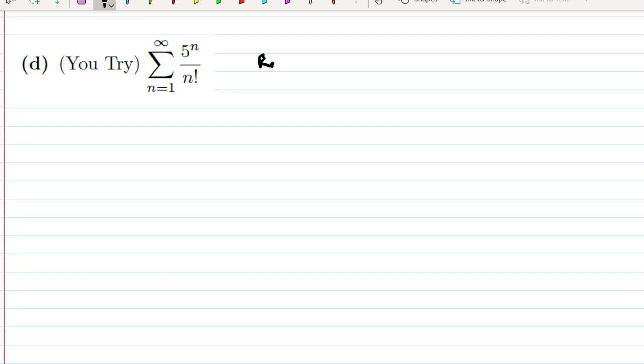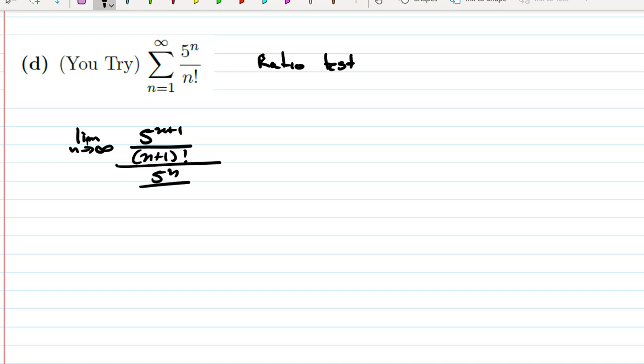Alright, so for this one we're going to use the ratio test. I take the limit as n goes to infinity of 5 to the n plus 1 over n plus 1 factorial, all over 5 to the n over n factorial.